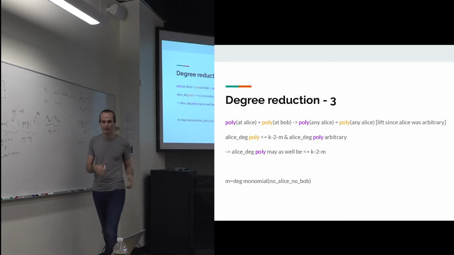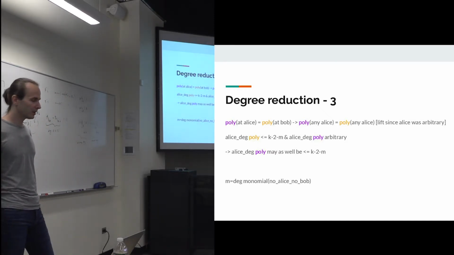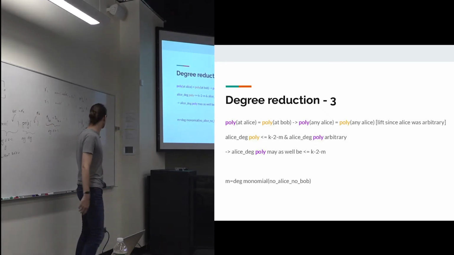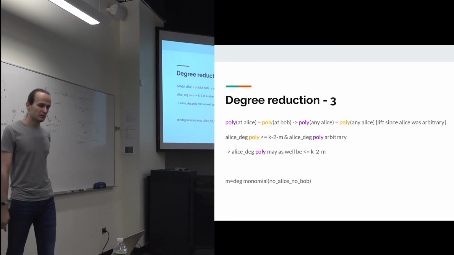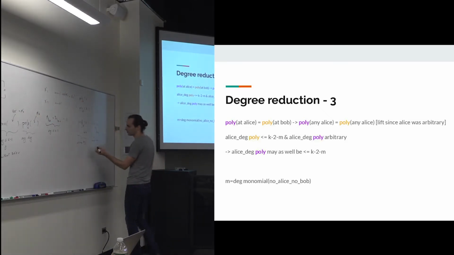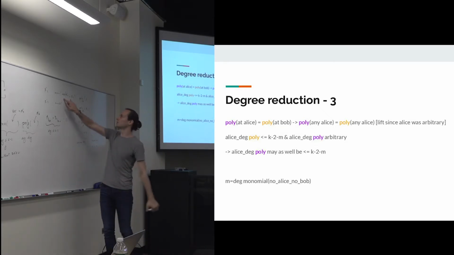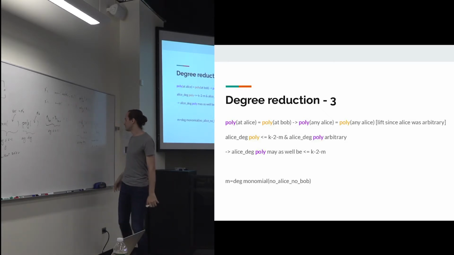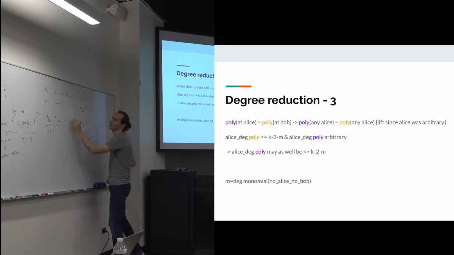What I have in the slides is a smaller case than the general case, but you can think of this as being constant instead of just bounded degree. Okay, it's bounded, but we know how bounded it is. It's k minus 2 minus something, and this is correlated to the degree we have here. So in other words, if you sum this quantity with the degree that you have here, this is less than k minus 2.